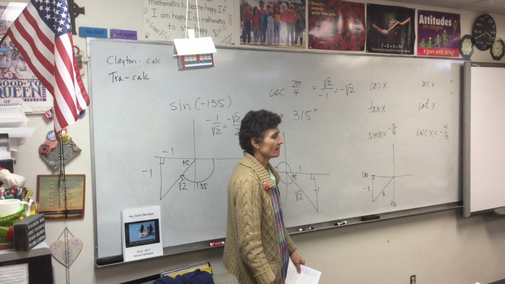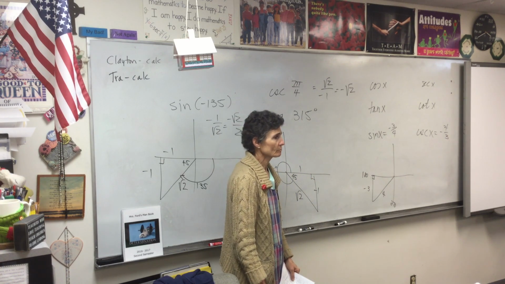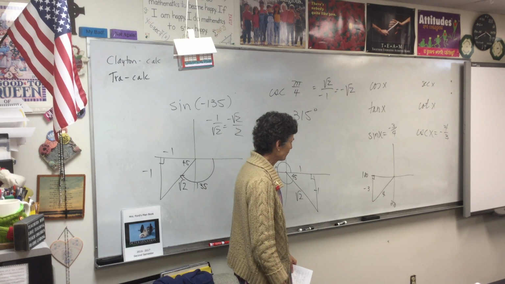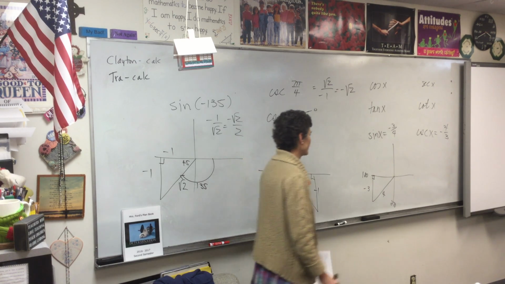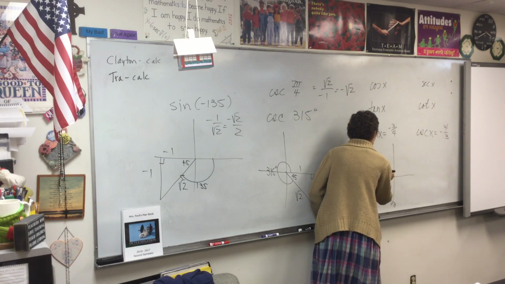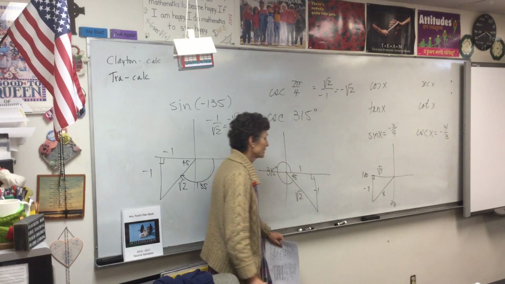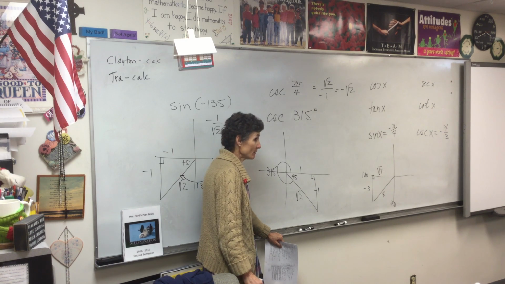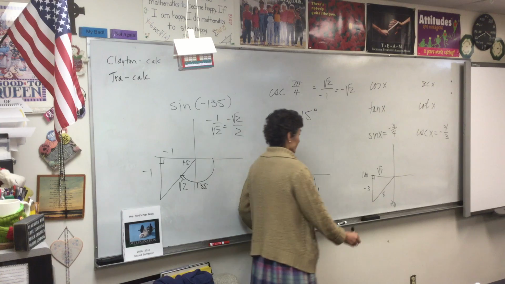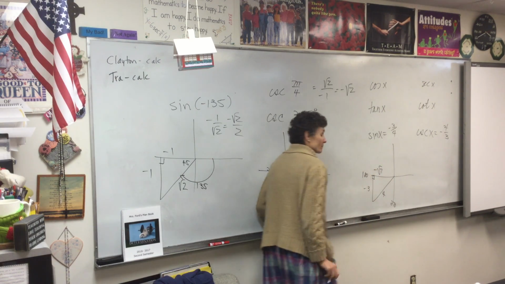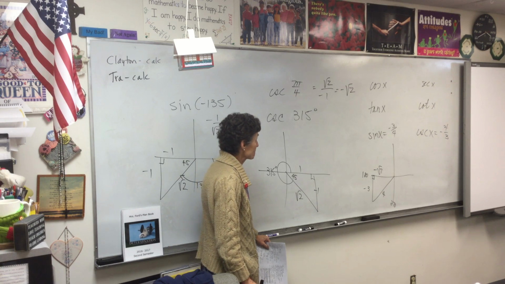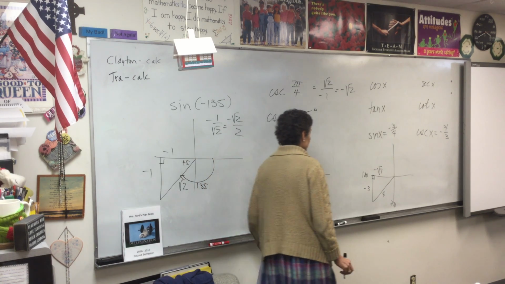What's my adjacent side? I don't think it's √5. It's √7. Watch your arithmetic. 16 minus 9 is 7. Negative on that 7? Yeah, negative √7, because we went left. So, cosine.